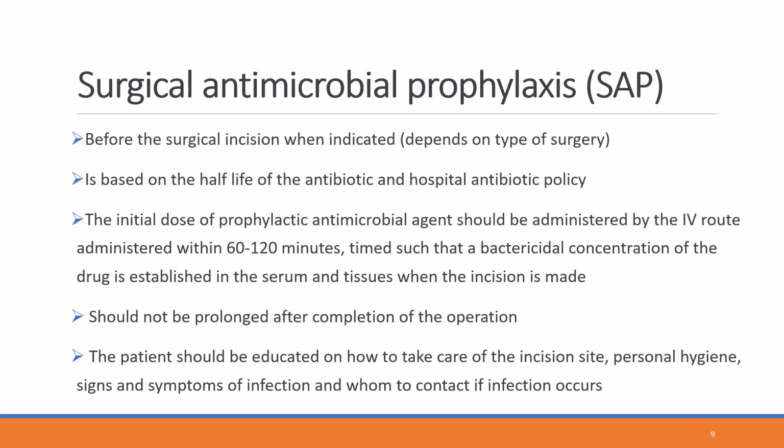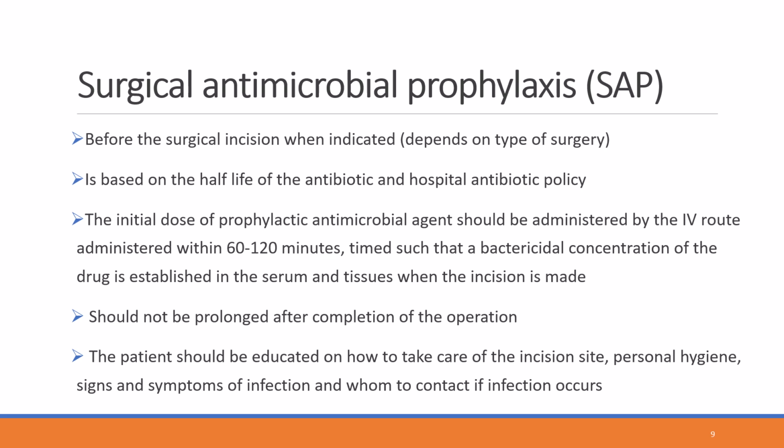Surgical antimicrobial prophylaxis. What is SAP or surgical antimicrobial prophylaxis? When indicated, it is given before the surgical incision and depends on the type of surgery. And this SAP is based on the half-life of the antibiotic and hospital antibiotic policy.